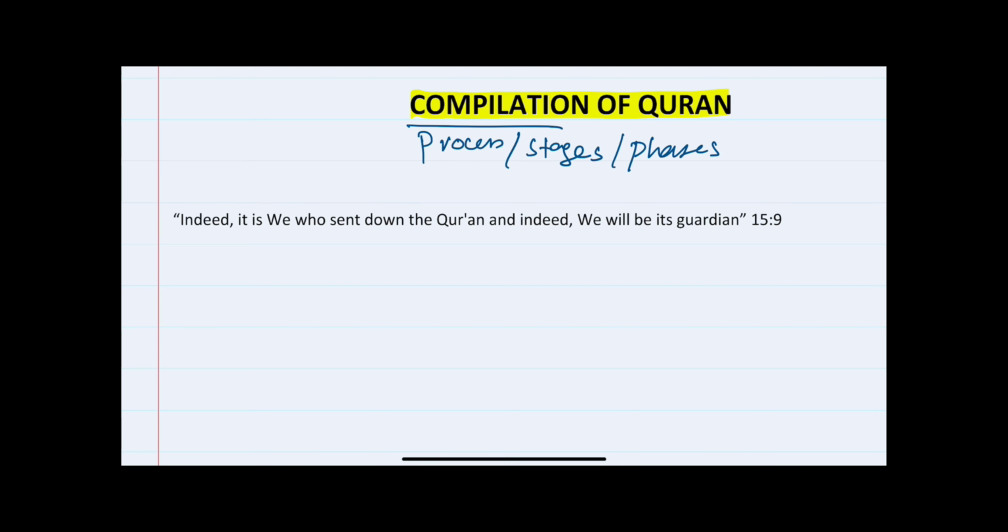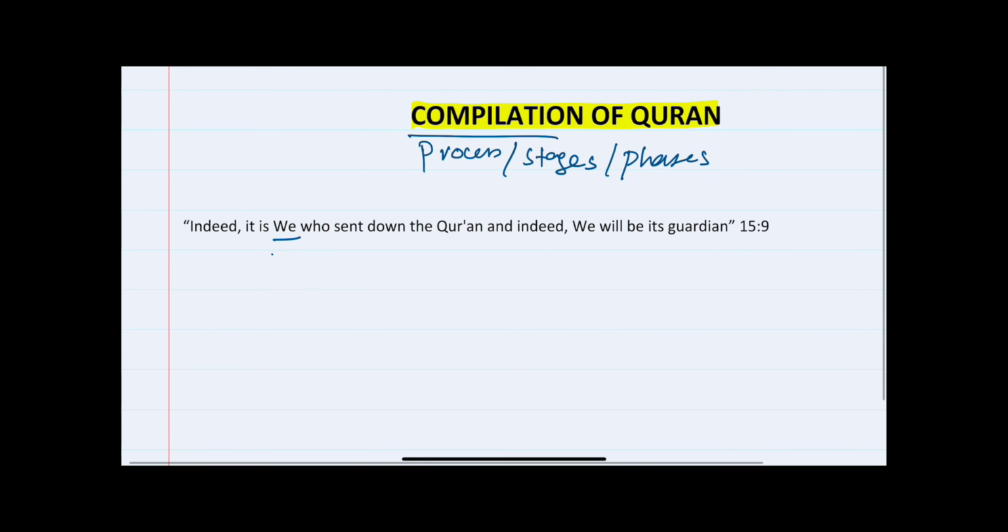But before we get into the question, I am giving you a Quranic reference that you can use in your answer to solidify your argument, and that is from Surah Hujurat: "Indeed, it is we who sent down the Quran, and indeed we will be its guardians."